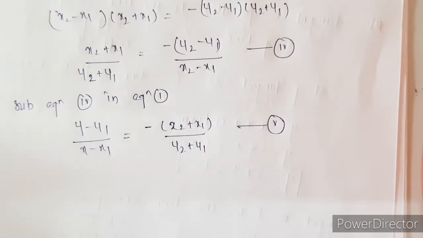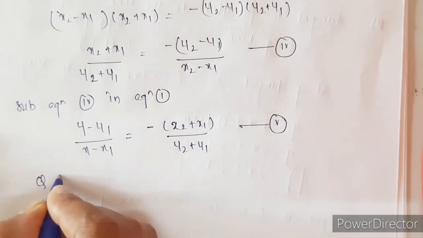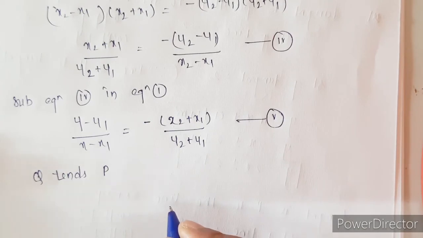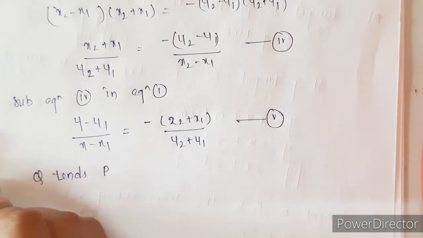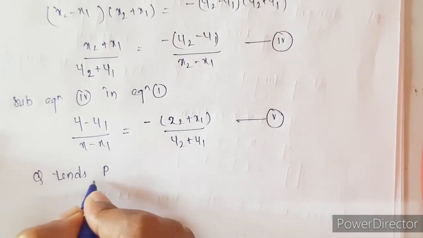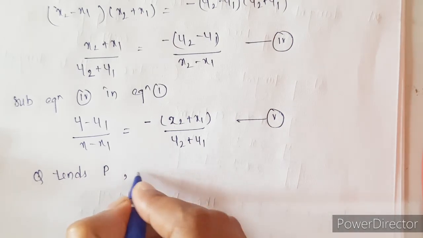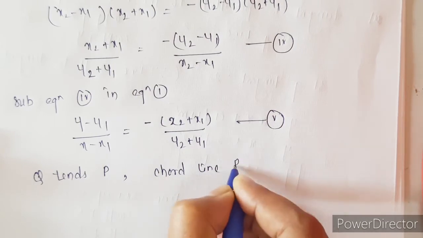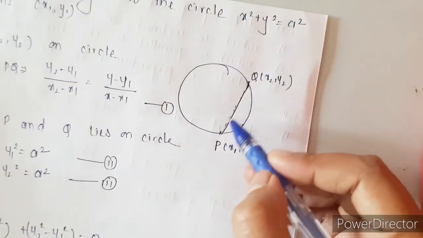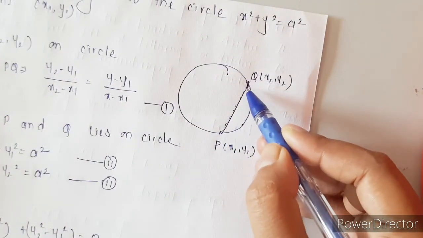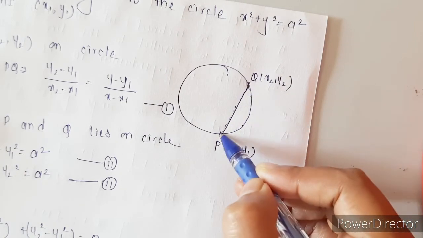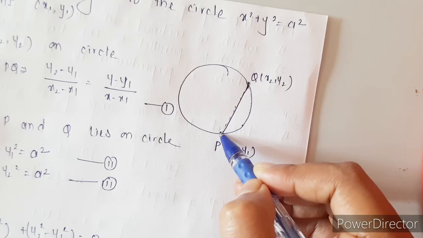Now suppose, assume that Q is tending towards P. If Q tends towards P, then what will happen? This chord line PQ, if Q is tending towards P, this chord line will meet this point P, right?